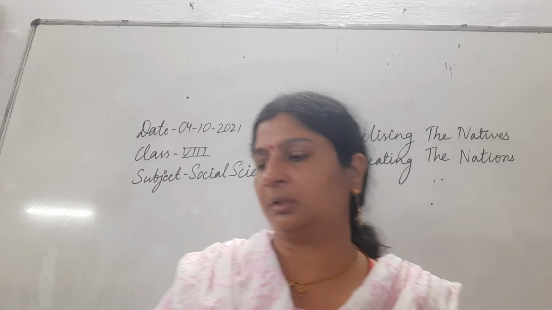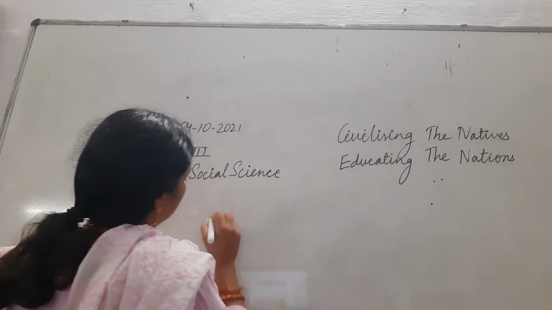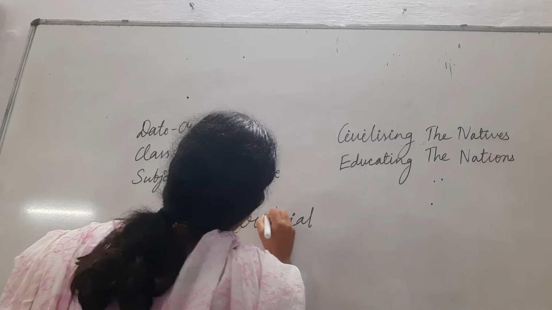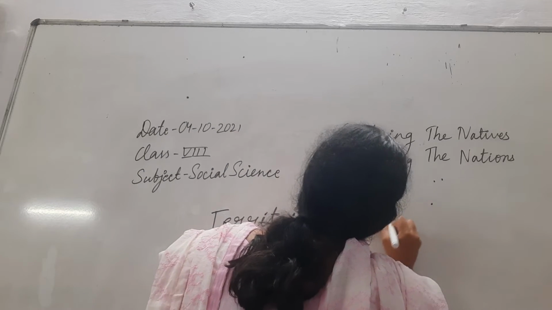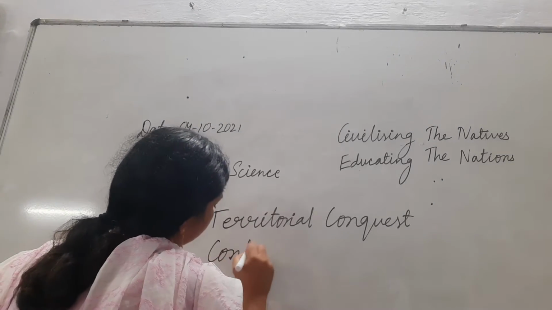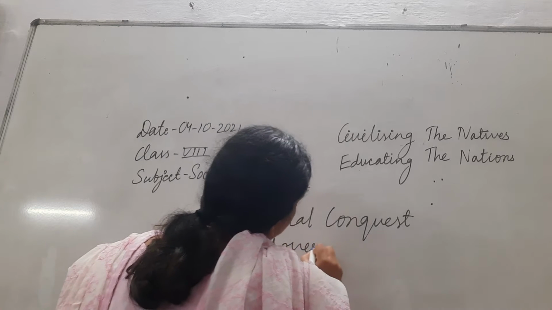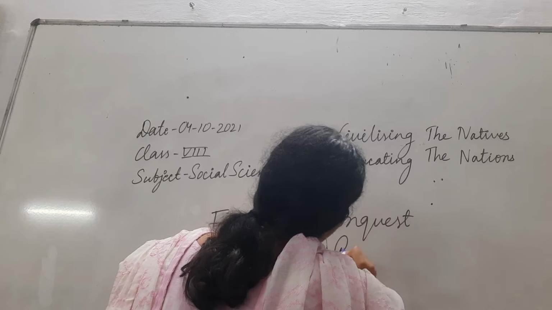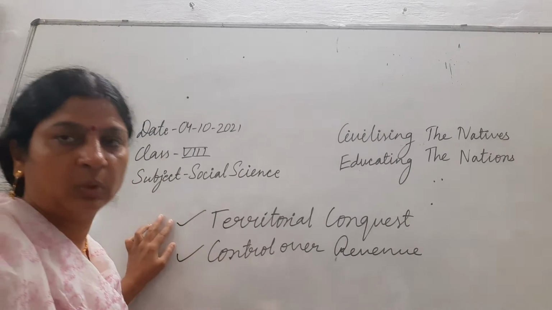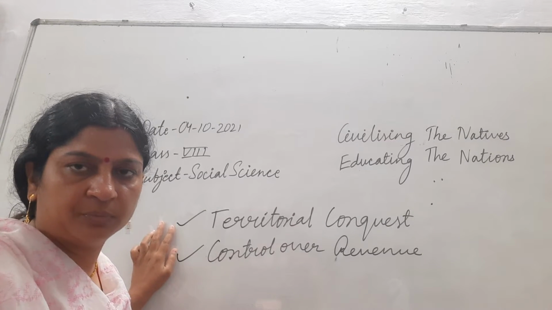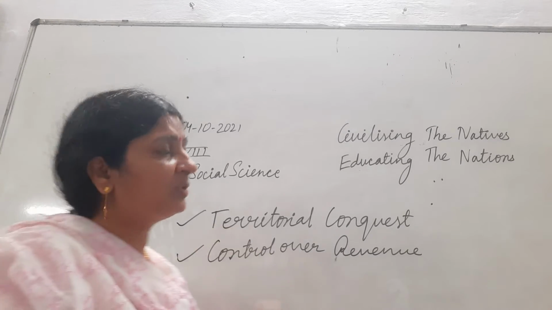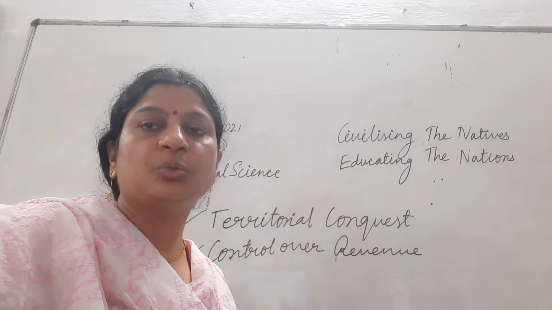Other than these two aims, the first is territorial conquest, and the other is control over revenue. So these were the most important aims or objectives of the British. But at the same time, these were not the only purposes of the British rule in India.